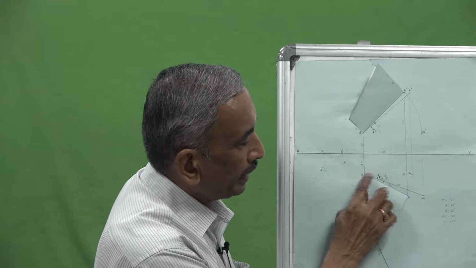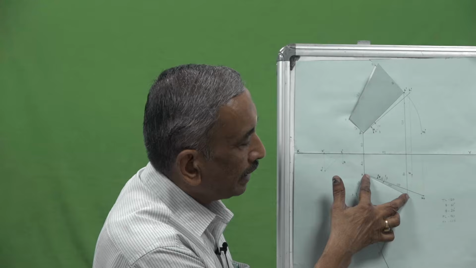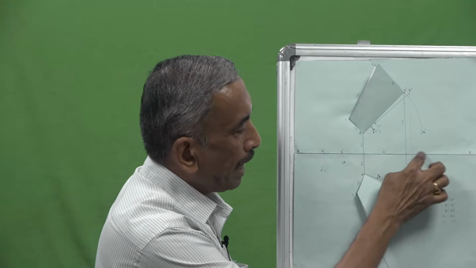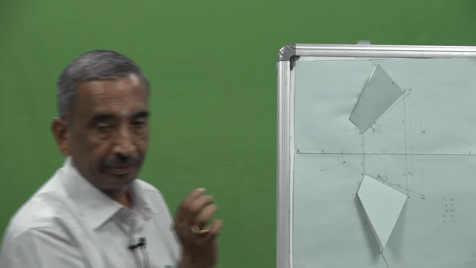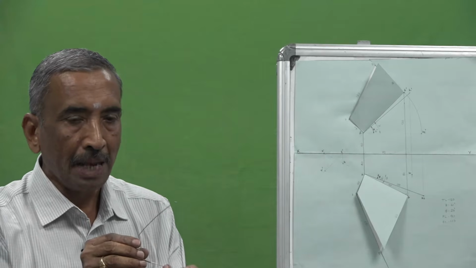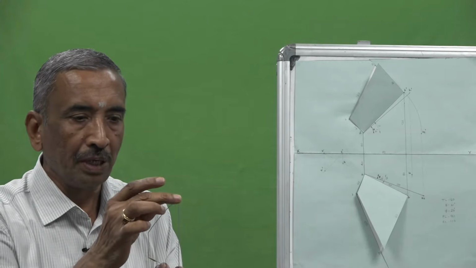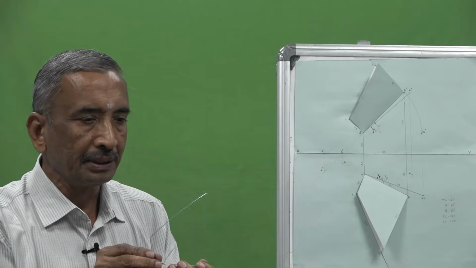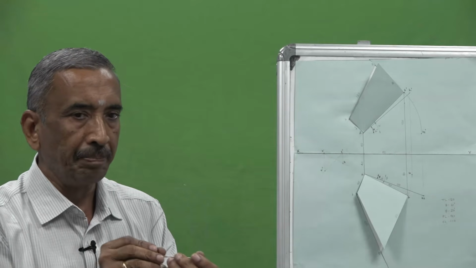So with A as center, AB as radius, I draw an arc so that this line AB1 is parallel to the XY line. So the top view length remains the same. The same concept: if you observe the point B, by moving like this, the height will remain the same.